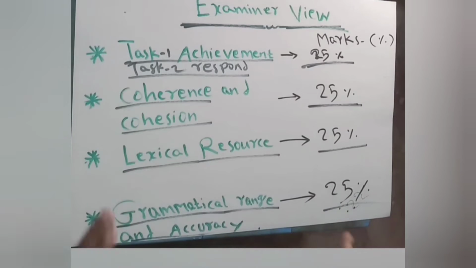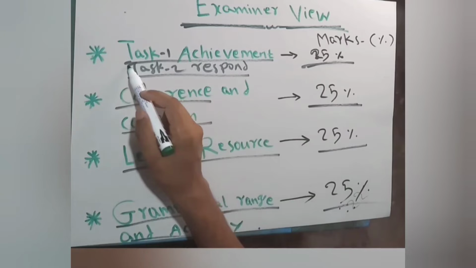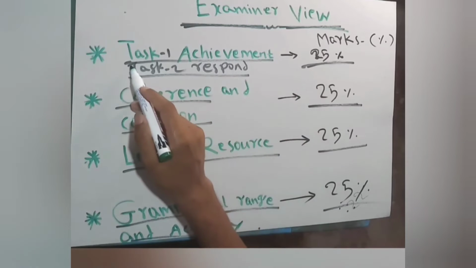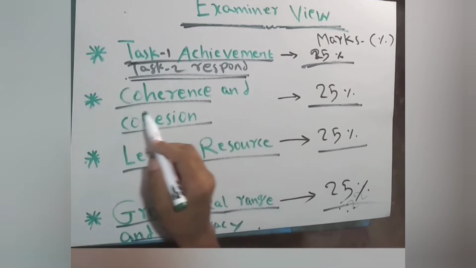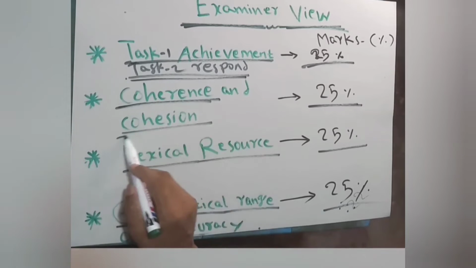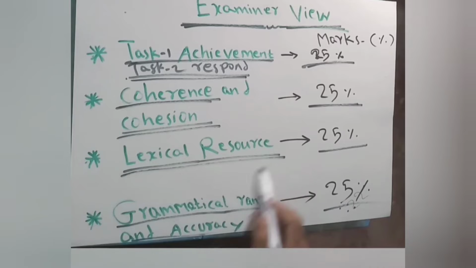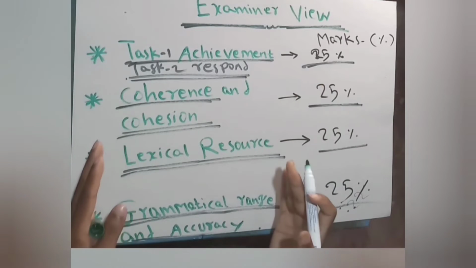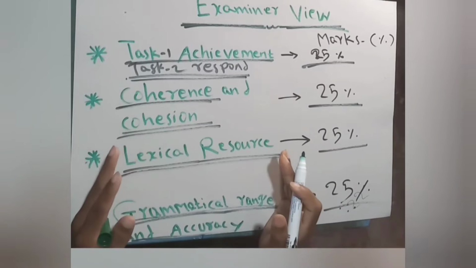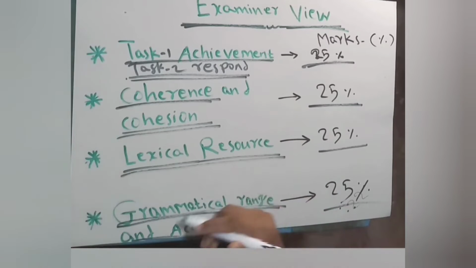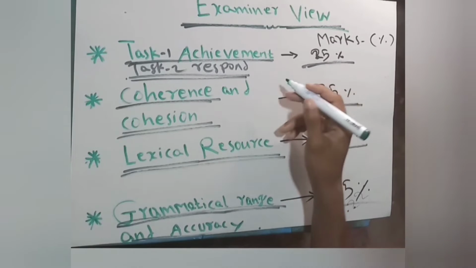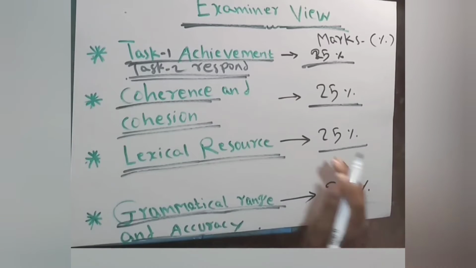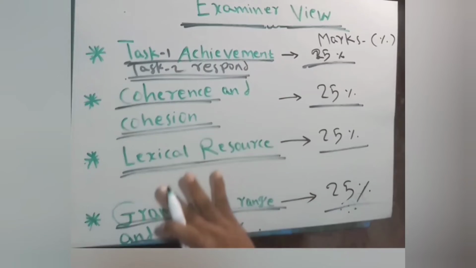So, in IELTS writing, you must include all these criteria, right? You should include task achievement and task response, and coherence and cohesion, and lexical resource, and grammatical range and accuracy. All these criteria should be involved in your writing, right? If you didn't involve these criteria in your IELTS writing, you are going to achieve a lower score, right? So you have to remember all these criteria.